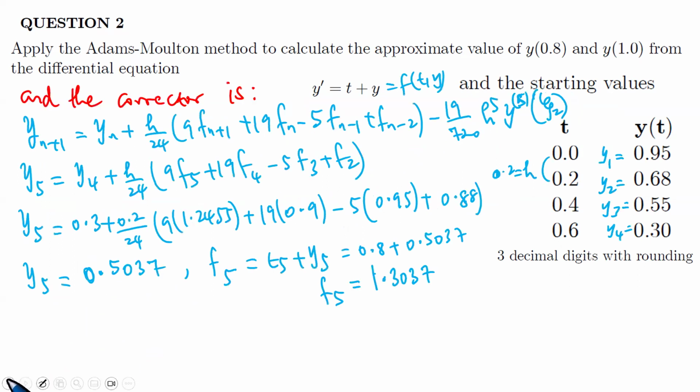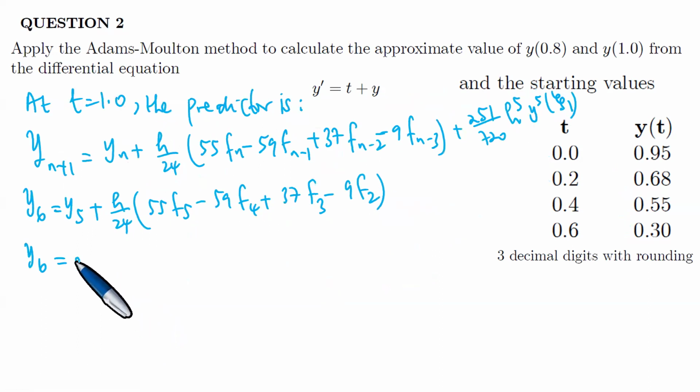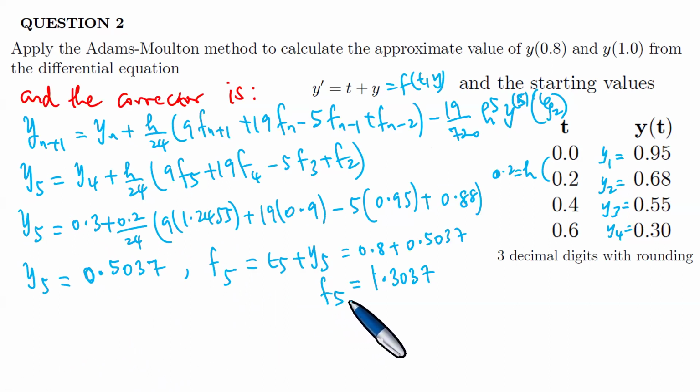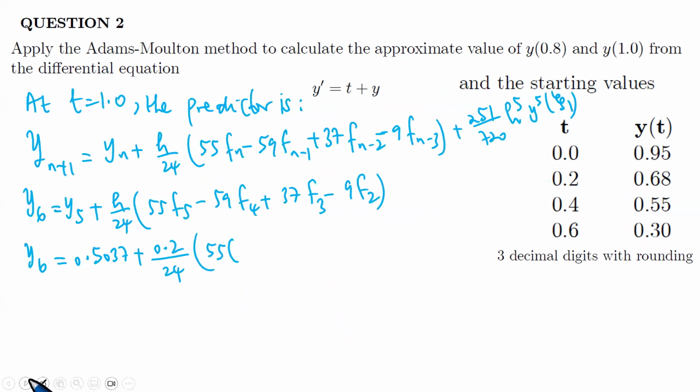You have already got y5, which is 0.5037. h is 0.2 divided by 24, 55, then you have F5. F5 is 1.3037.